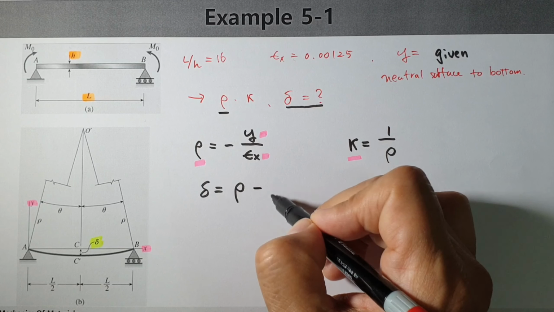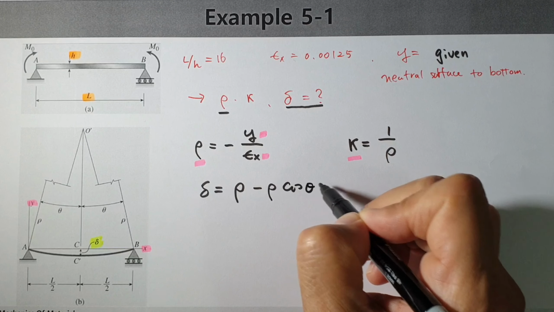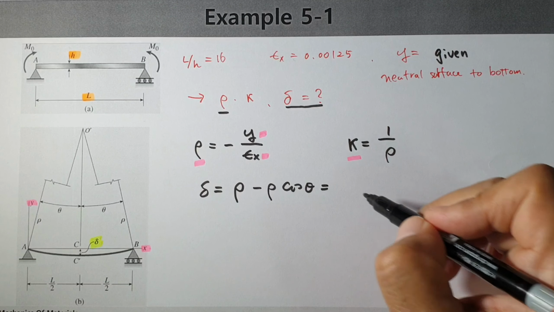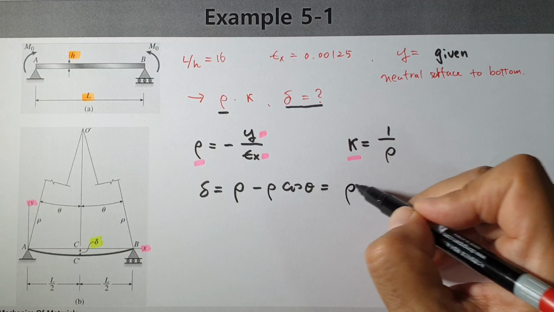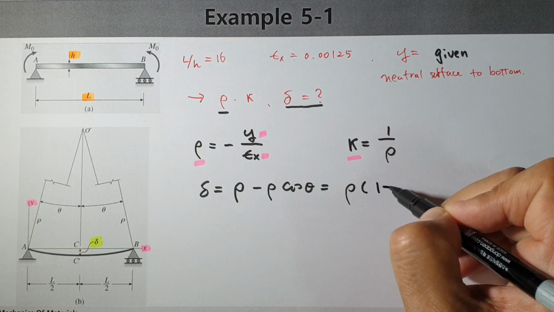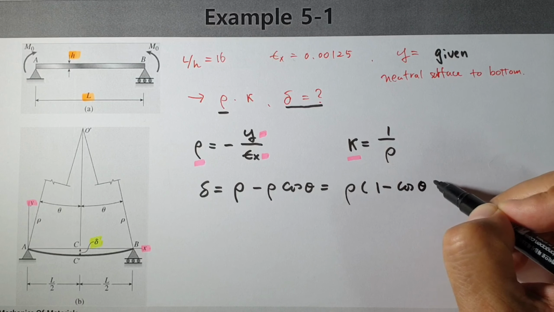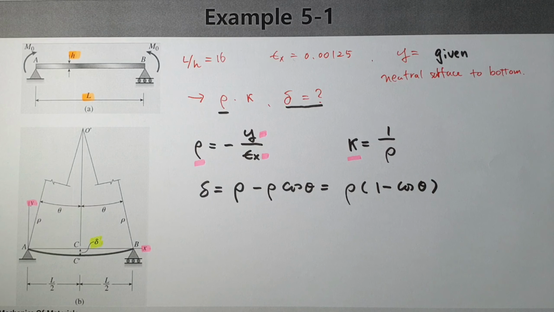Rho minus rho cosine theta, let's say this angle is theta. And rho times 1 minus cosine theta is available. That's the delta value.